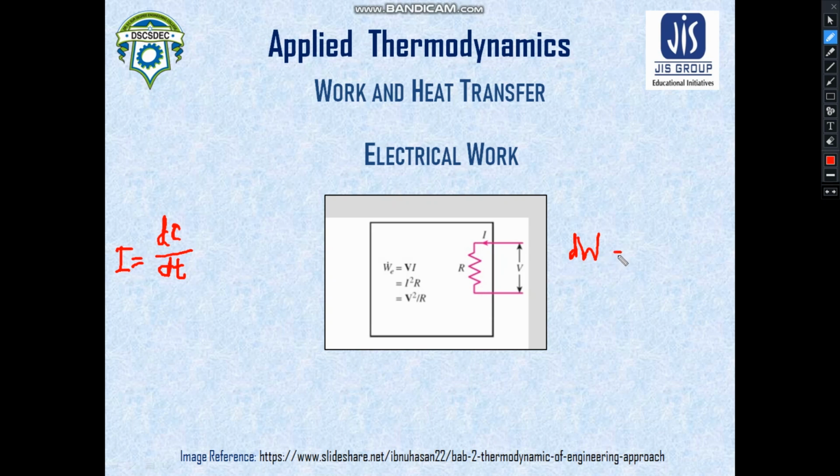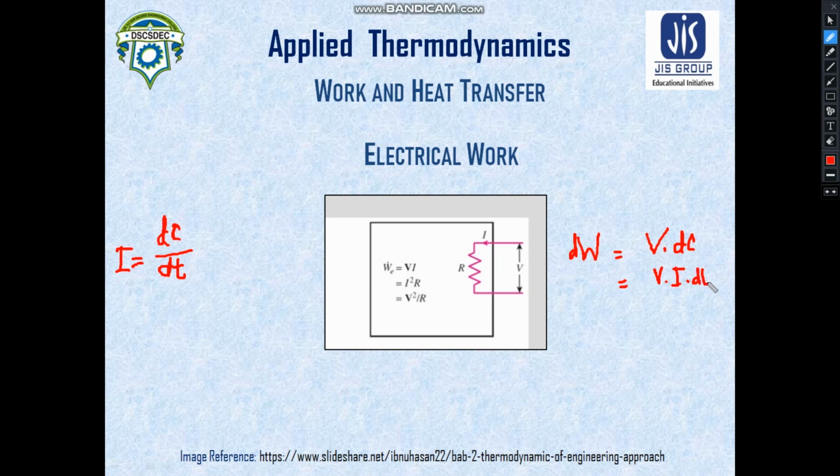This dW will be a function of the voltage difference which is maintained across the resistor, and the charge. From this equation, dC can be written as I into dt. Rewriting here, we get dW equal to V I dt.